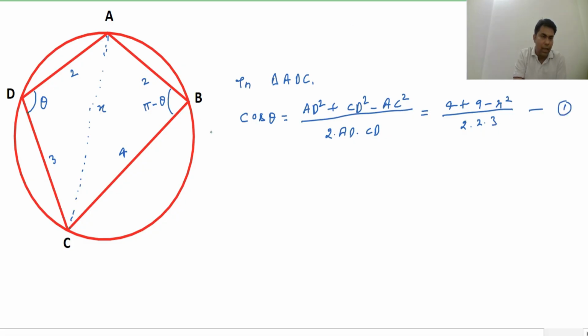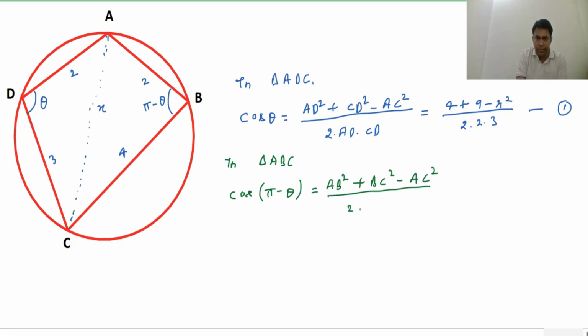Similarly, if we take triangle ABC and use the cosine rule in triangle ABC, we can write cos of pi minus theta is equal to AB square plus BC square minus AC square divided by twice of AB times BC.